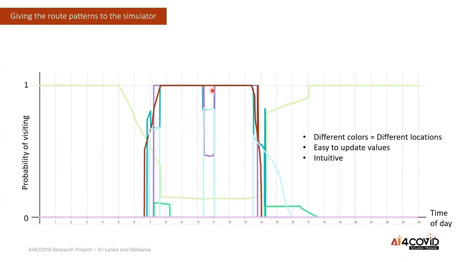Like this, we can give this input very intuitively using a user interface, and we can draw these curves, and we can see whether the simulator mimics this kind of movement in the simulator, and I will show the results of our simulator in the upcoming slides.